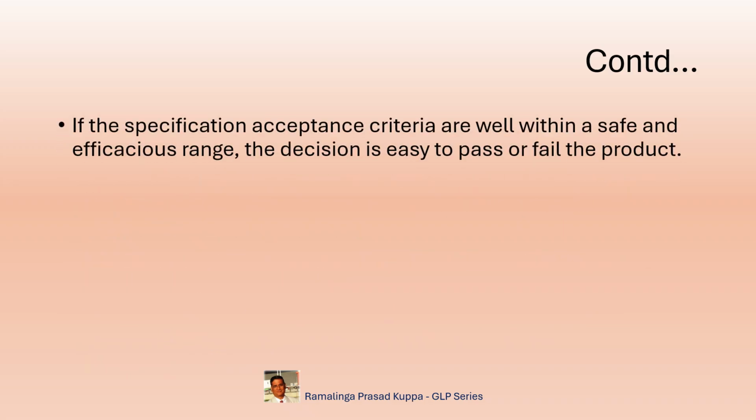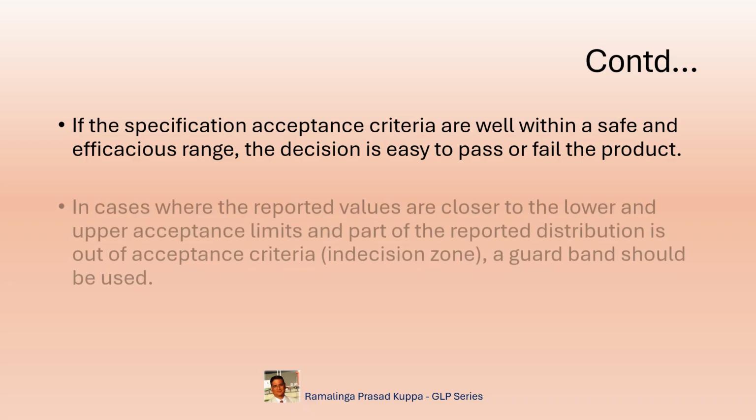If the specification acceptance criteria are well within a safe and efficacious range, the decision is easy to pass or fail the product. This stage is simple to understand. When there is no element of doubt on the data spread, the decision is clear and unambiguous.